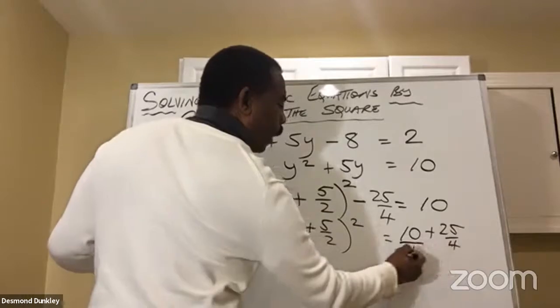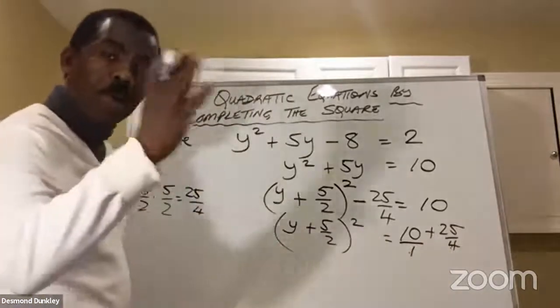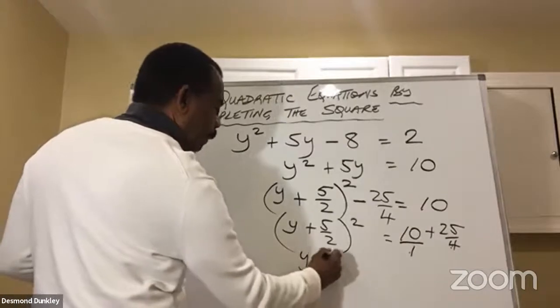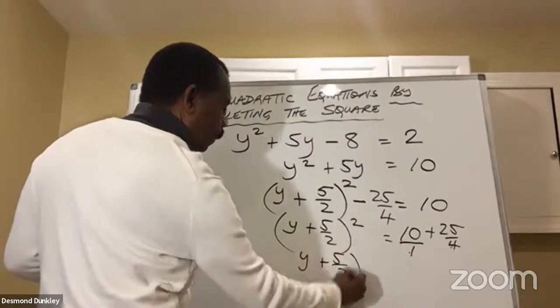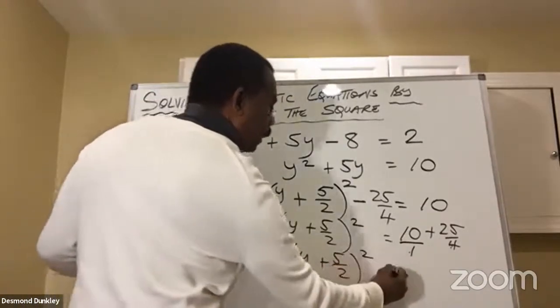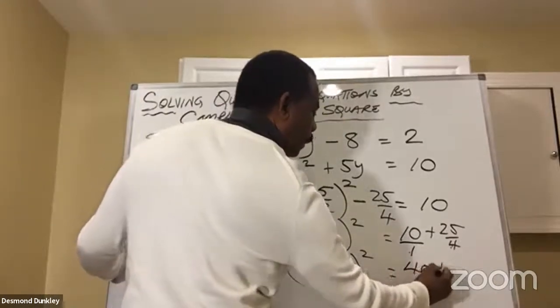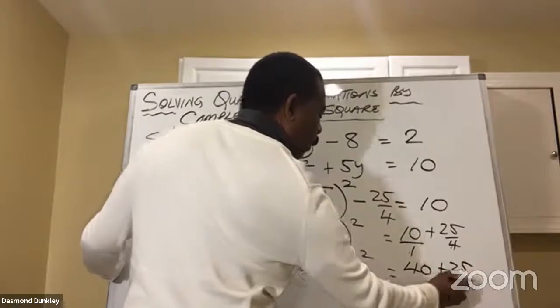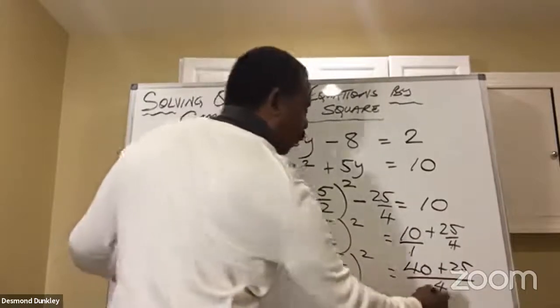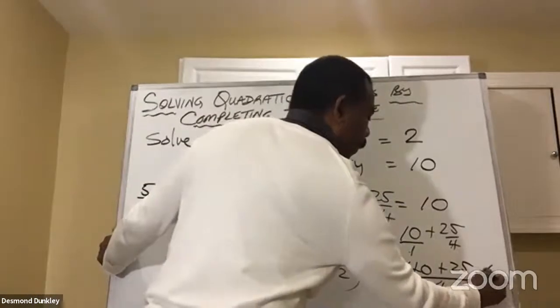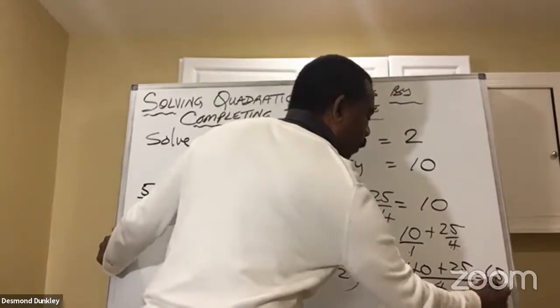Common denominator of 1 and 4 is 4. So therefore, we can write y plus 5 over 2 squared is equal to 40 plus 25 all over 4. And that is 65 over 4.